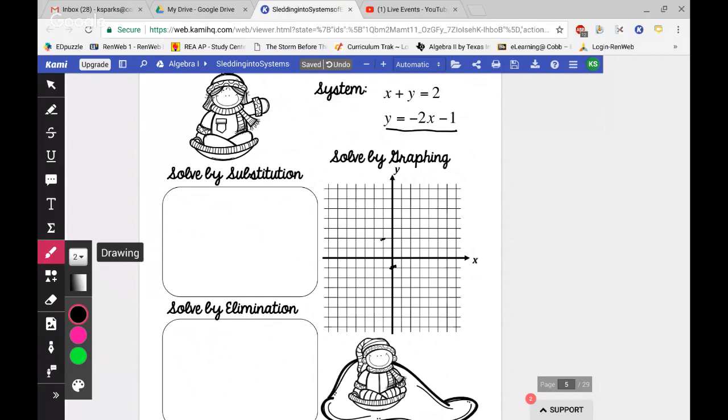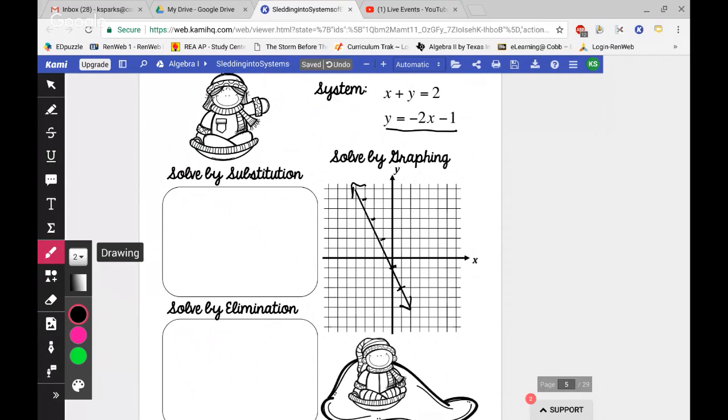But if I go down 2, I have to go right 1. There's my line on that one.